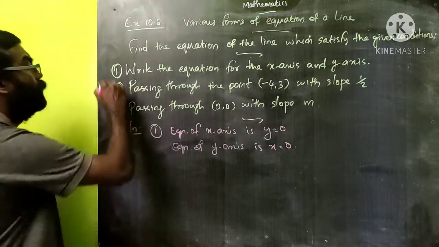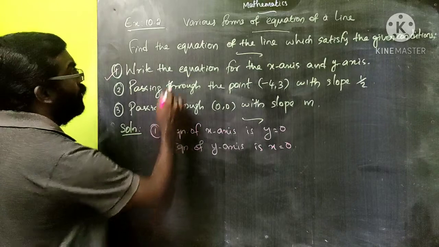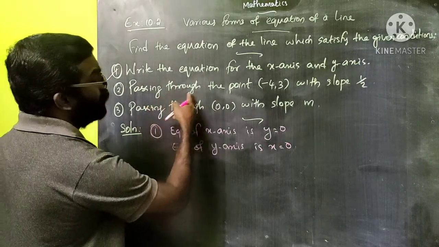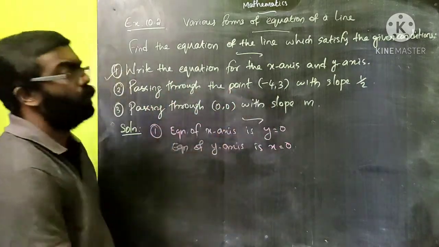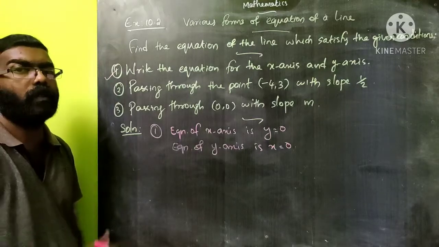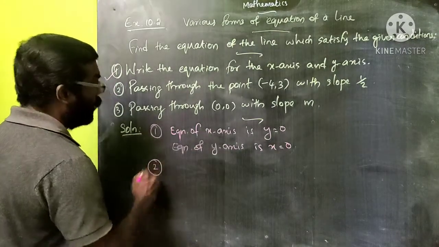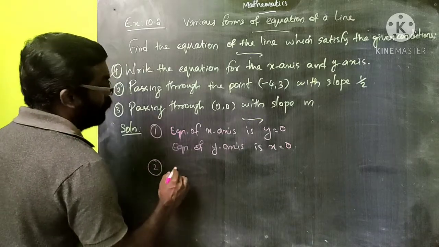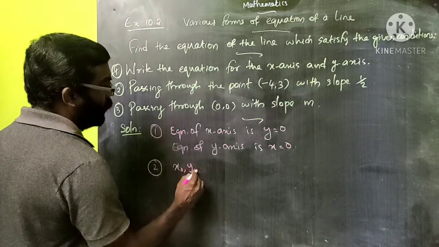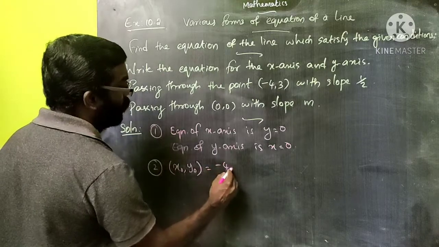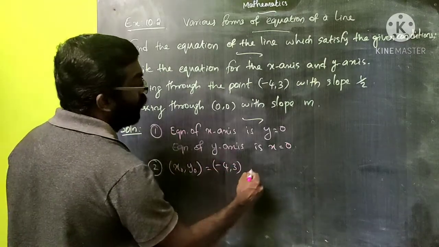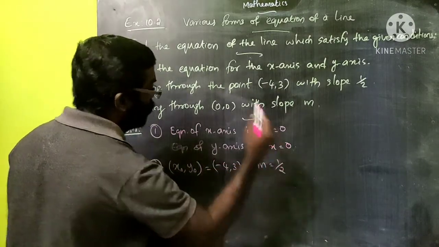Okay, that's all. Then the second one is the equation of a line passing through the point minus 4, 3 with slope 1 by 2. So it's the first type, point slope form. Here we can write x0, y0 as minus 4, comma 3 and m is equal to 1 by 2.